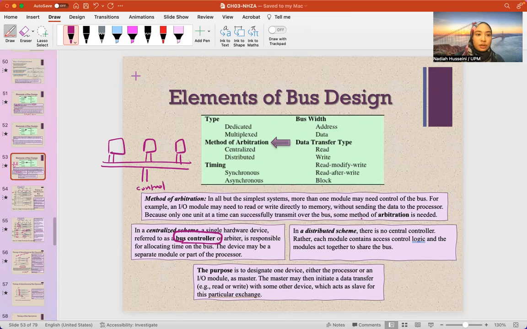The time slot is not decided for use by any module, but the modules see who is signaling to call out, to issue a signal. And from there, they decide who gets to go first. So there is no one deciding, but they have some sort of an agreement. Each module contains access control logic, which is necessary for them to make this decision, and the modules act together to share a bus.